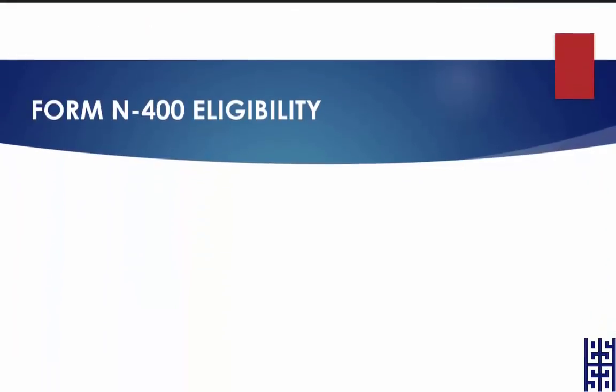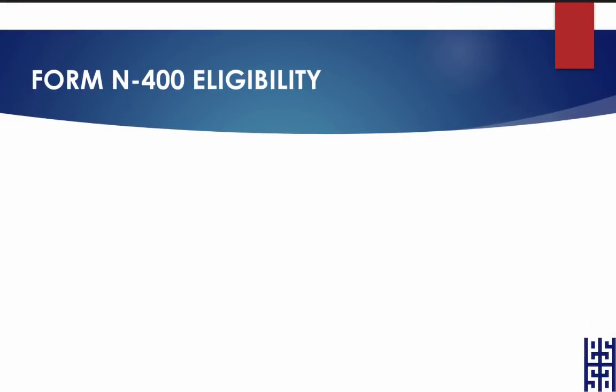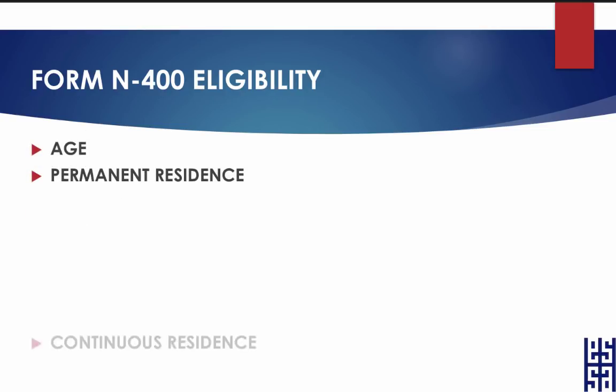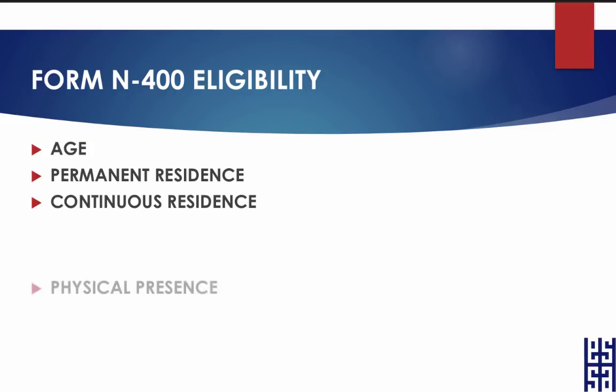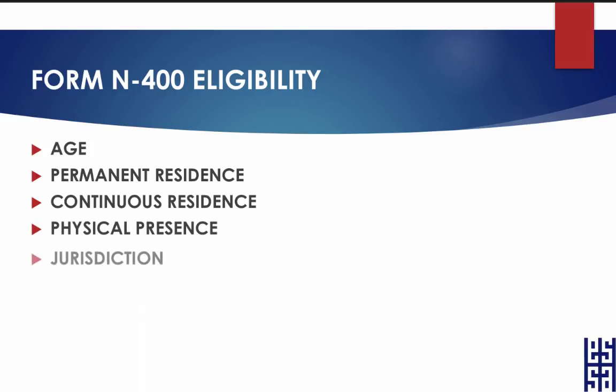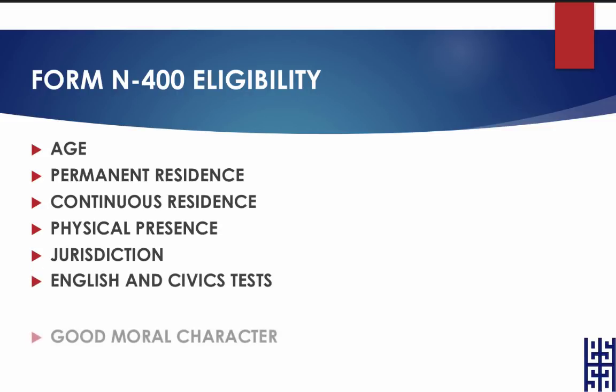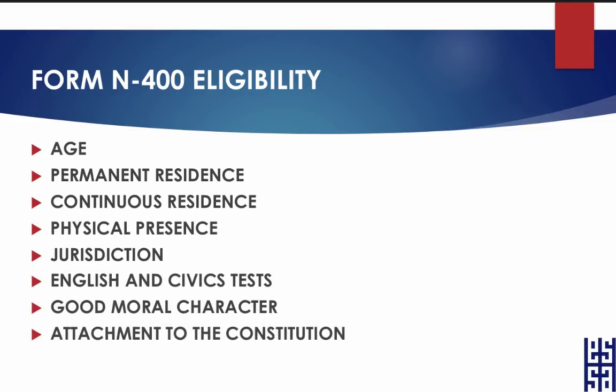All right, let's go on. The Form N-400 eligibility. In order to apply, you must meet eight general legal requirements. They include age, permanent residence, continuous residence, physical presence, jurisdiction, English and civics tests, good moral character, and attachment to the Constitution.